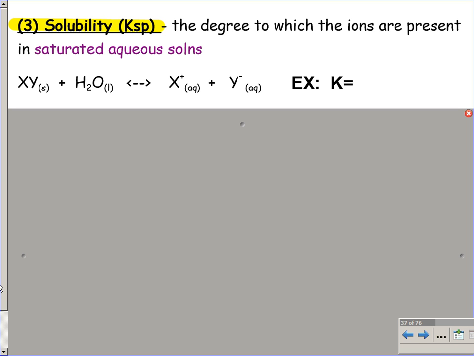Ksp. You guys can write down that example in there. You guys know how to do this expression at this point.